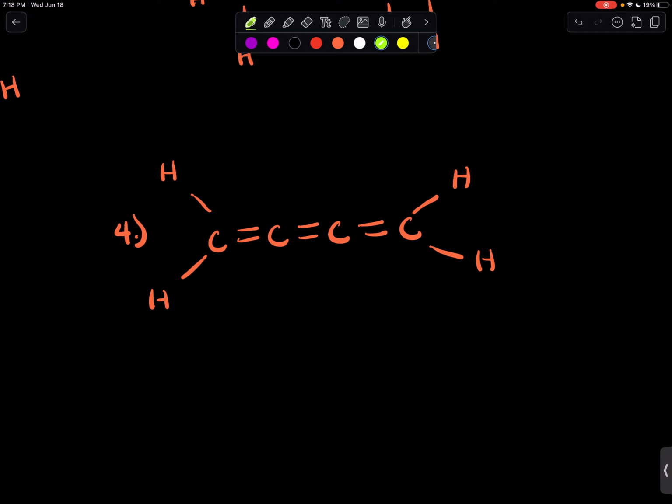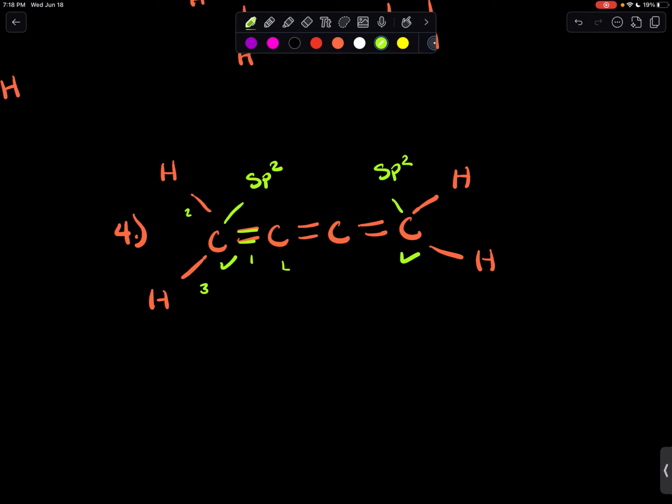So let's take a look at each individual carbon in here. We know that this double bond here corresponds to 1. So this would be 1, 2, and 3. So this carbon is going to be sp2. We can look at the structure and identify that this carbon is the same as the carbon at the end. So this one is going to be sp2 as well.